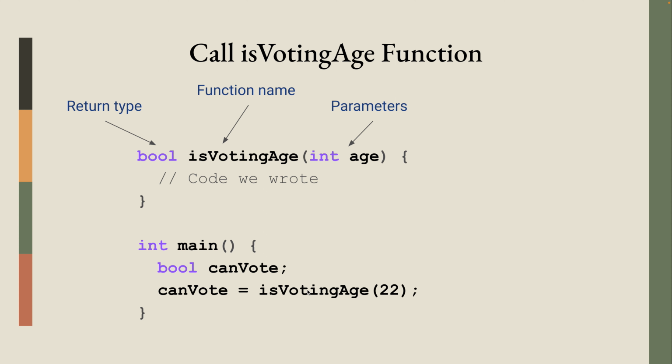When the computer sees this, it's going to jump up to this line, isVotingAge, and then it's a one-to-one mapping. You'll see the first input expected is int age, and the first value that we put in here is 22. So what is the value of age going to be in our function? Age is going to be 22.